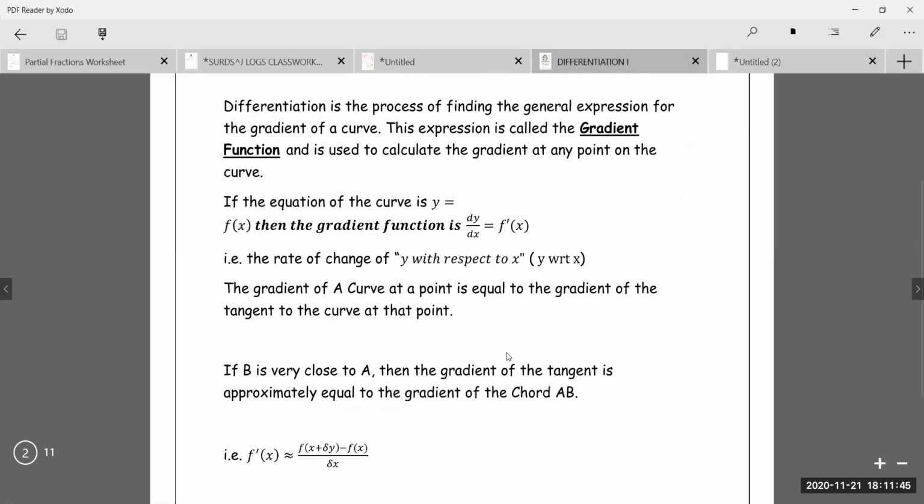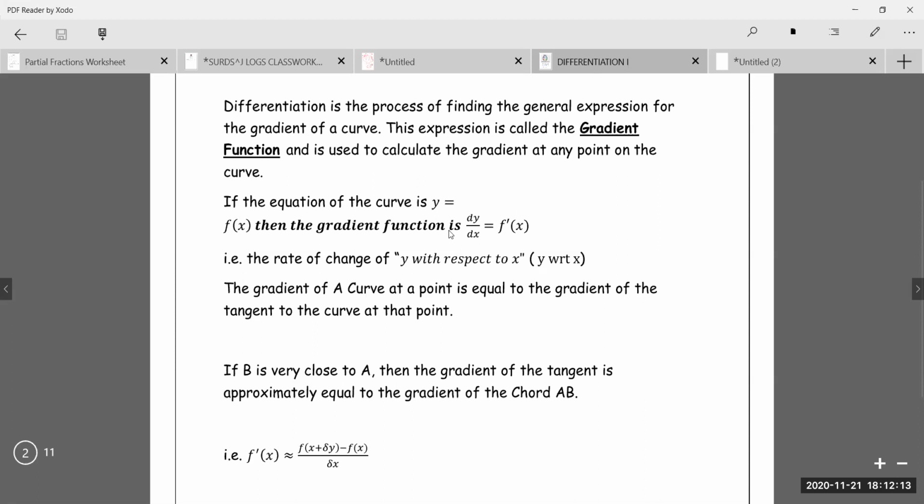All right. So now, that's a gradient. Differentiation is a process that allows us to find the general expression for the gradient of a curve. This expression is called the gradient function and is used to find the gradient at any point on the curve. Now, if the equation of the curve is y, then the gradient function is dy by dx.